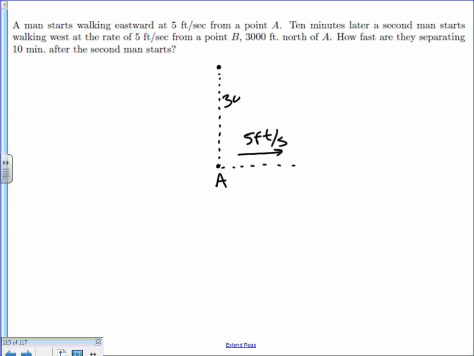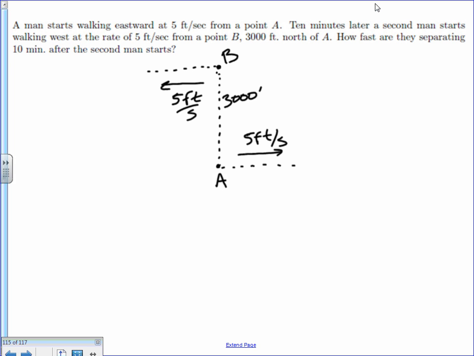This is 3,000 feet. Man B is walking west, in the opposite direction, at 5 feet per second. How fast are they separating 10 minutes after the second man starts?